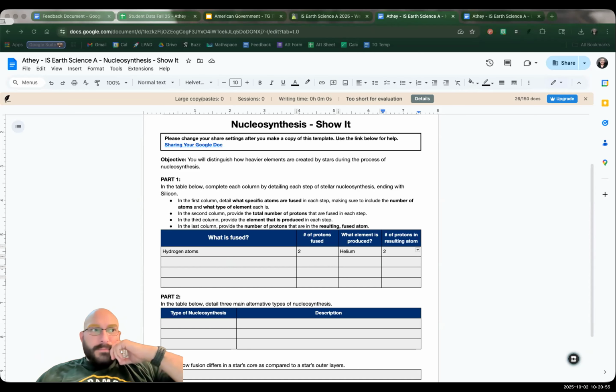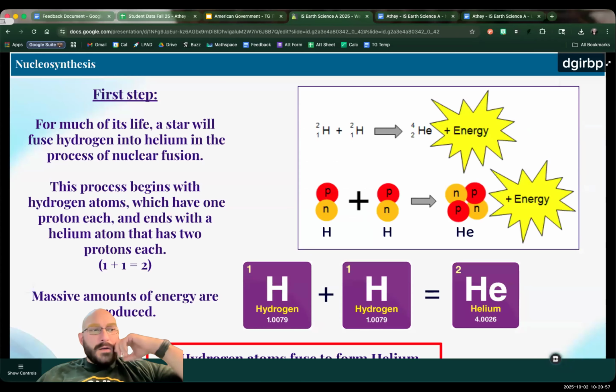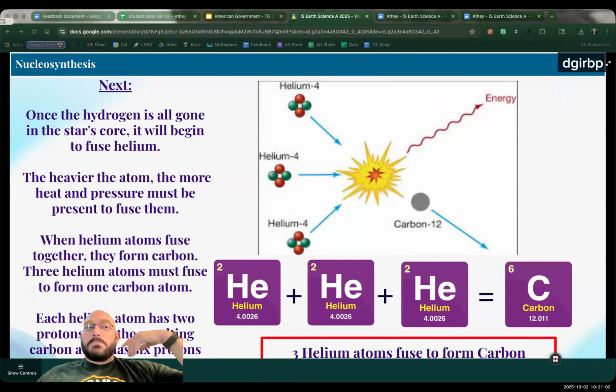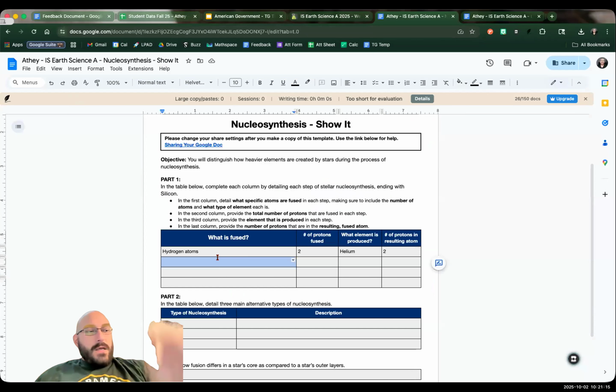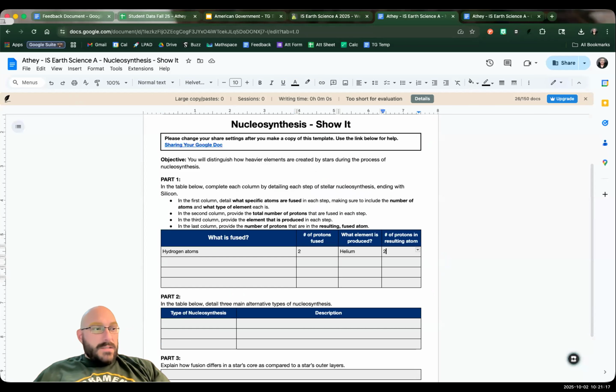Let's look at this. When we start smashing together helium atoms, we get bigger elements. If we smash together three helium atoms, we'll get carbon. So I'm going to put three helium atoms at the beginning.